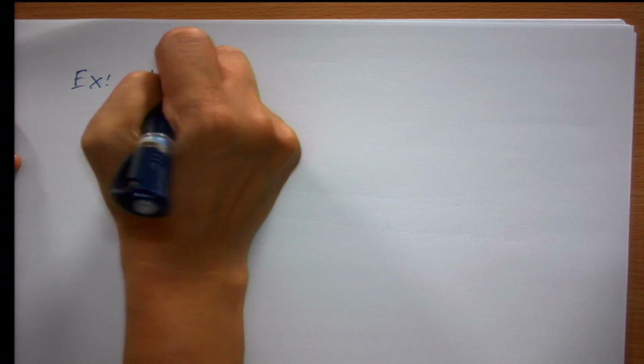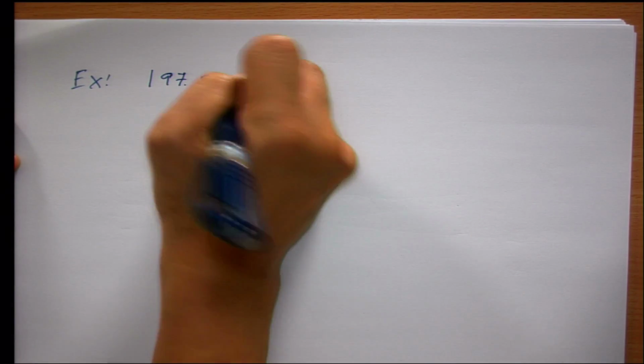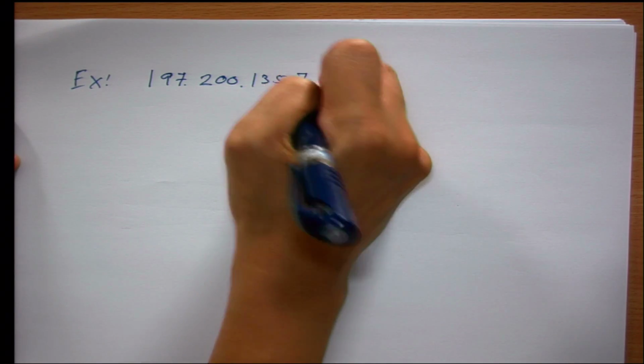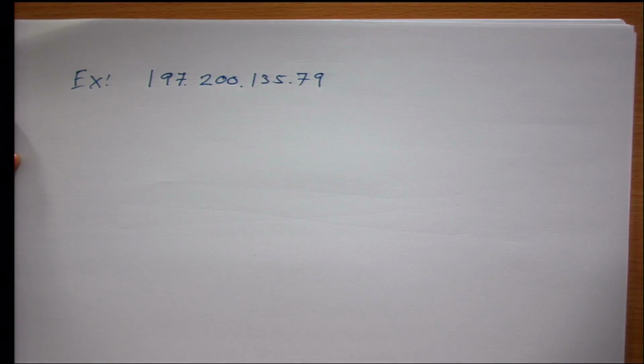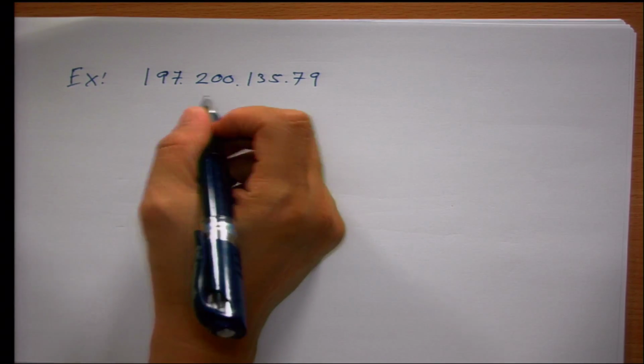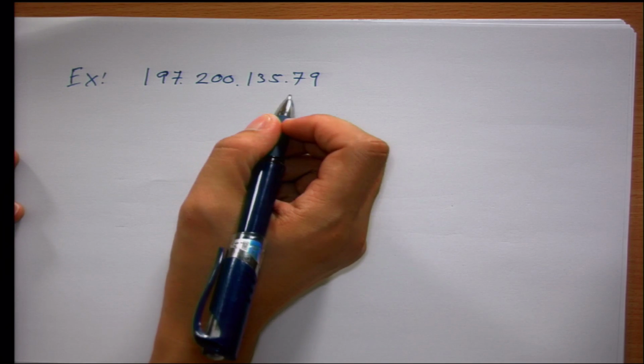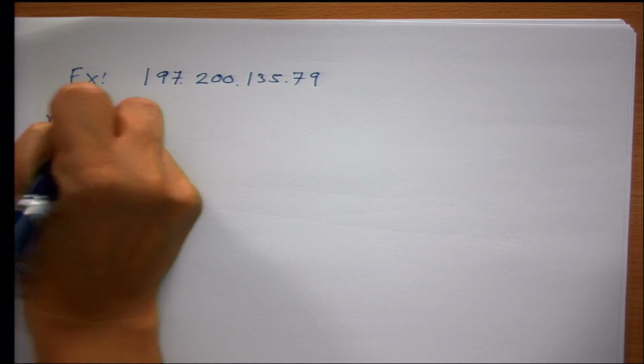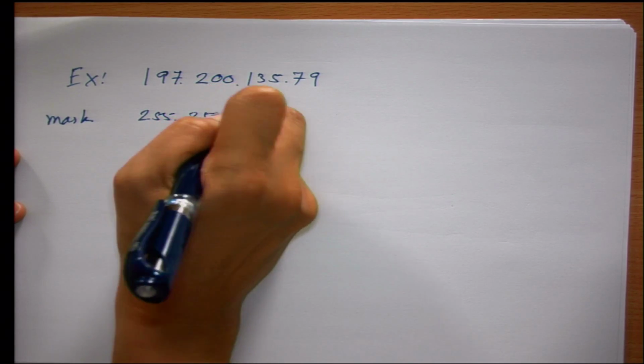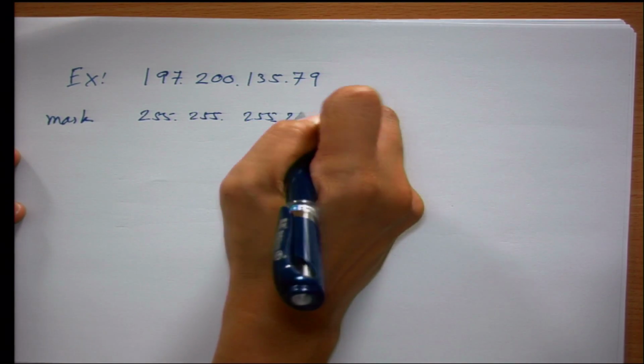Now let's look at an example. Consider the address in dotted decimal format like this, 197.200.135.79, and the mask is 255.255.255.248.